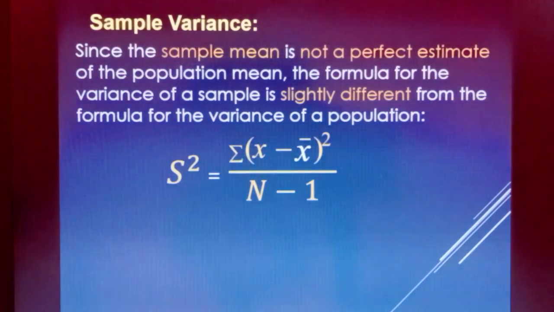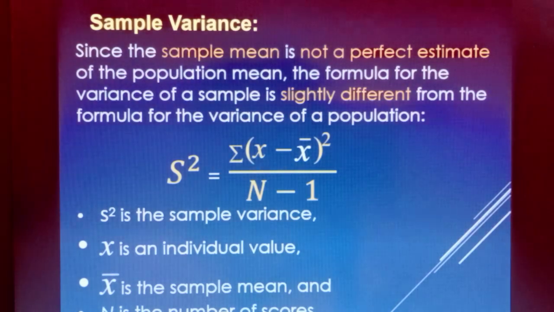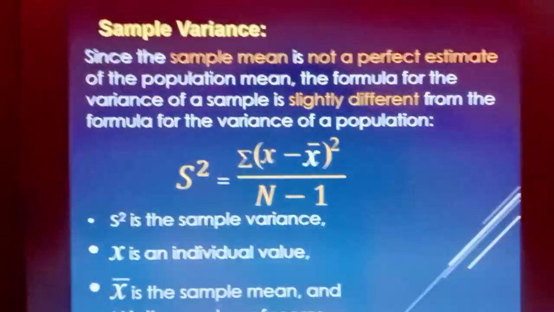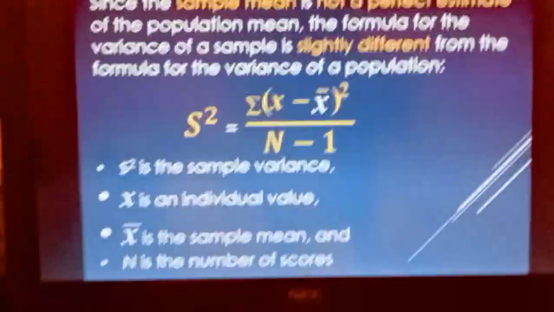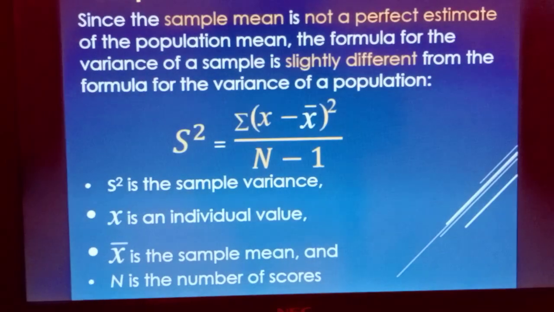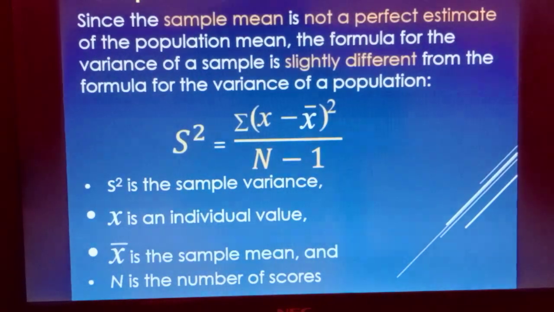So bali lalabas na mas malaki yung resulta ng sample variance. So here S squared is the sample variance, x is an individual value, no? X bar is the sample mean, and n is the number of scores.